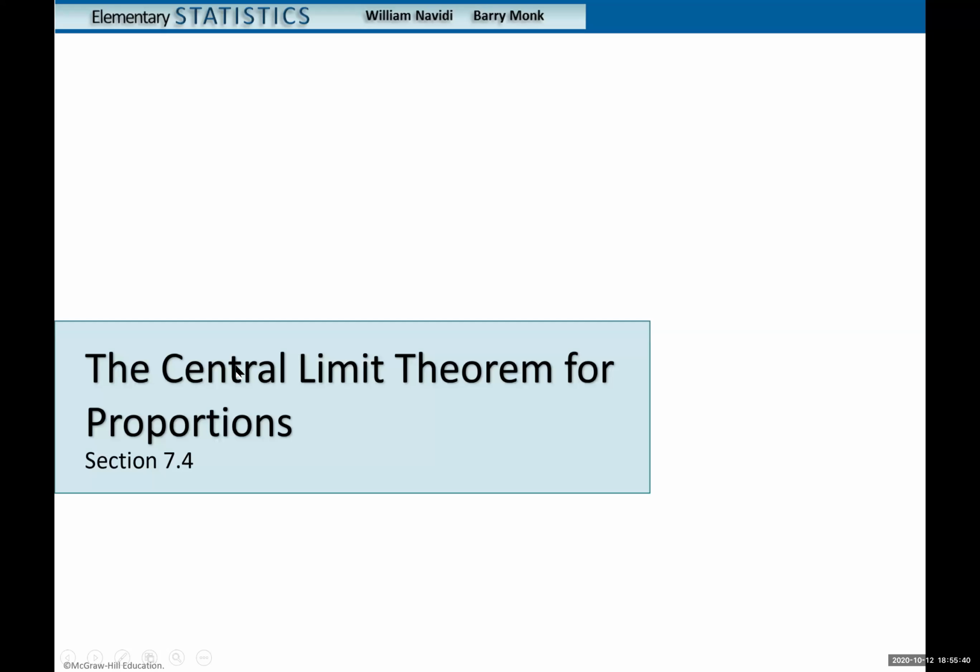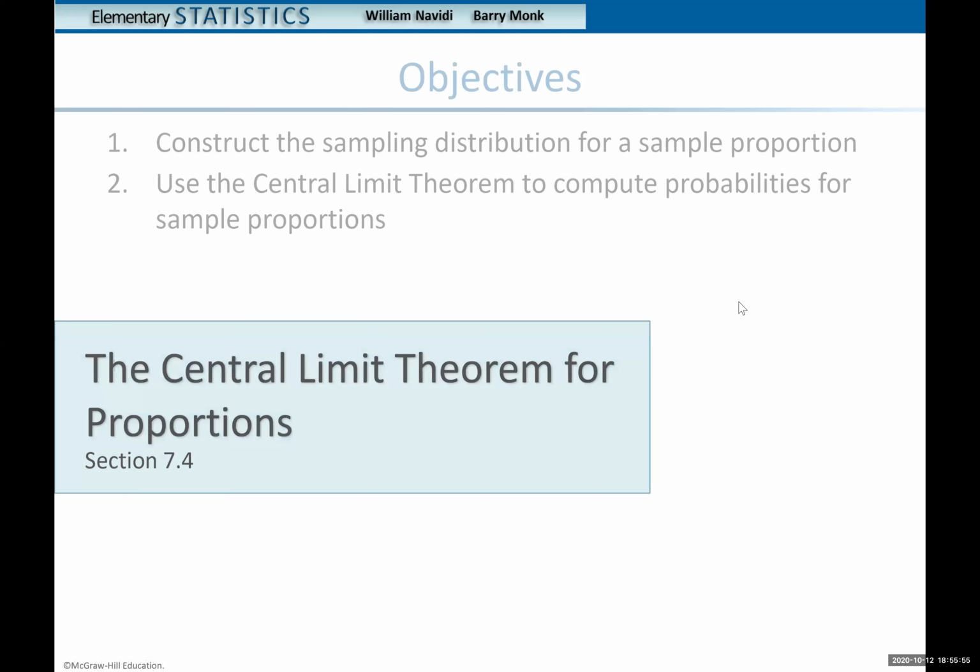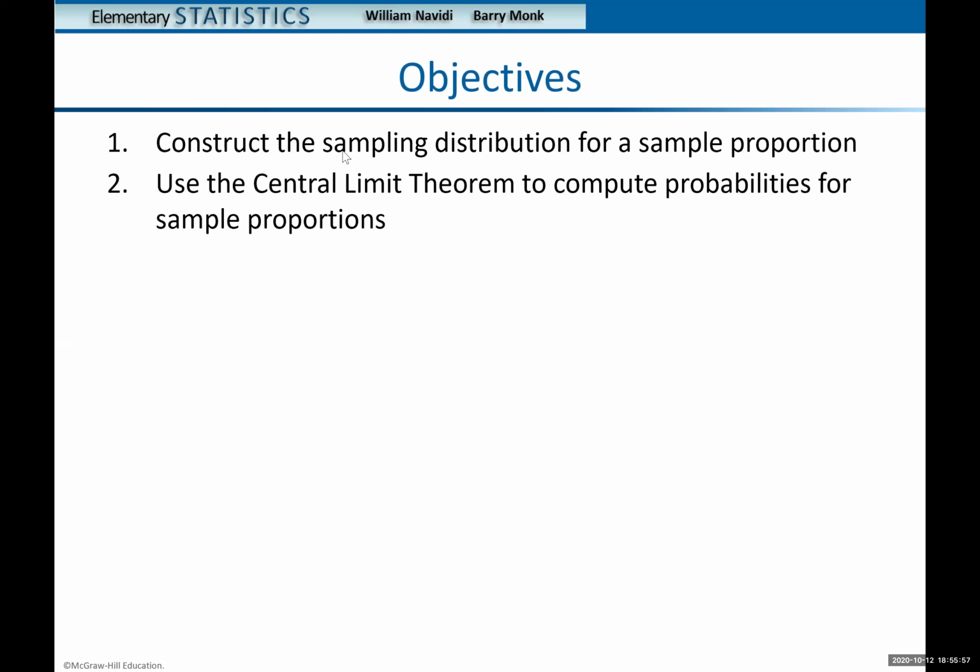All right, 7.4. This time, central limit theorem for proportions. So remember 7.3, central limit theorem for means, this time for proportions. And we have another two objectives here. Construct a sampling distribution for a sample proportion, and then use the central limit theorem to compute probabilities for sample proportions.